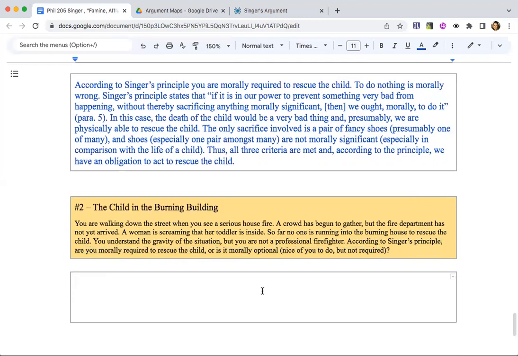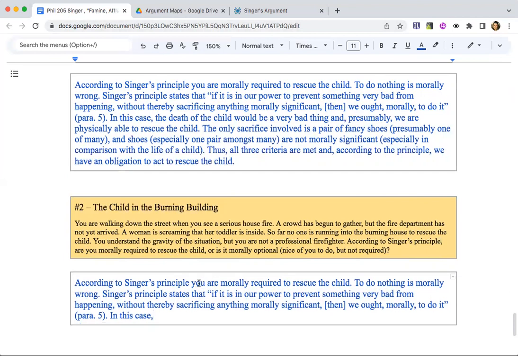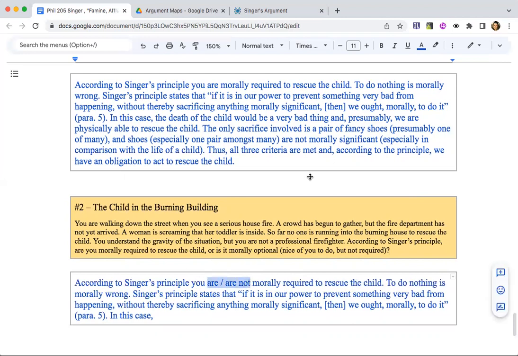So take a stab at this one. Claim, define, connect. Feel free to roughly copy some of it, right? So if I'm just copying the first bit here, according to Singer's principle, you are or are not, which I don't know which one you're going to choose, morally required to rescue the child.